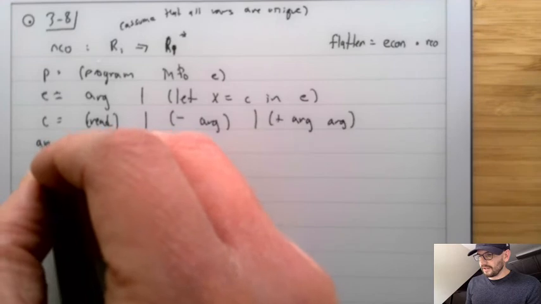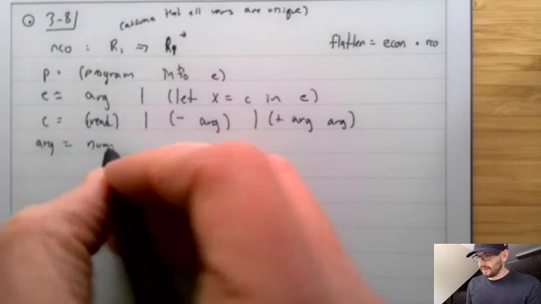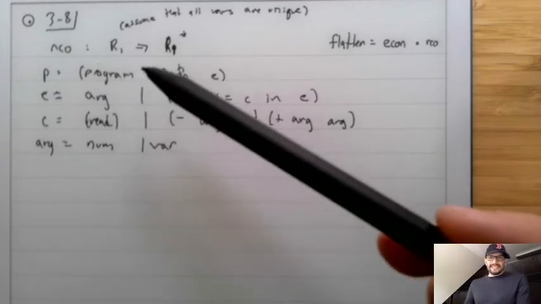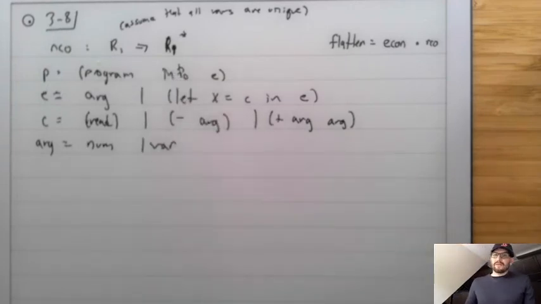And then an arg is going to be a number or a variable. Now notice that this is still literally an R1 program, but it's just a subset of R1 programs.